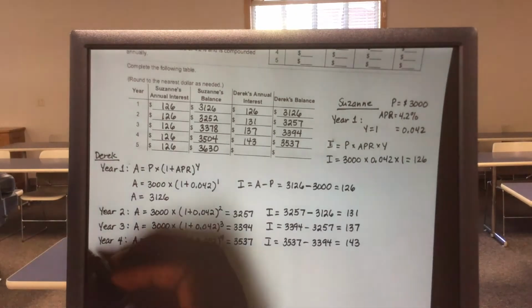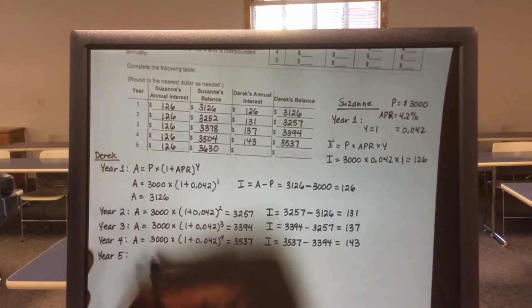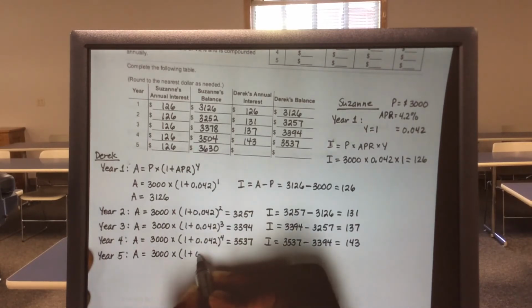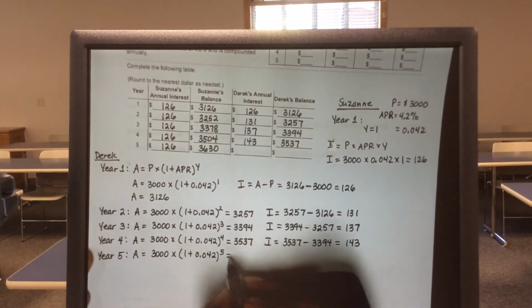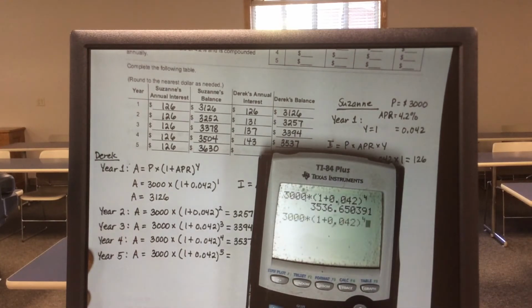Okay. And then finally for year 5. It'll still be this, but it'll be to the 5th power this time. Now this one I can do second enter because I've already done this. Use my left arrow to go to the exponent and change it to a 5.